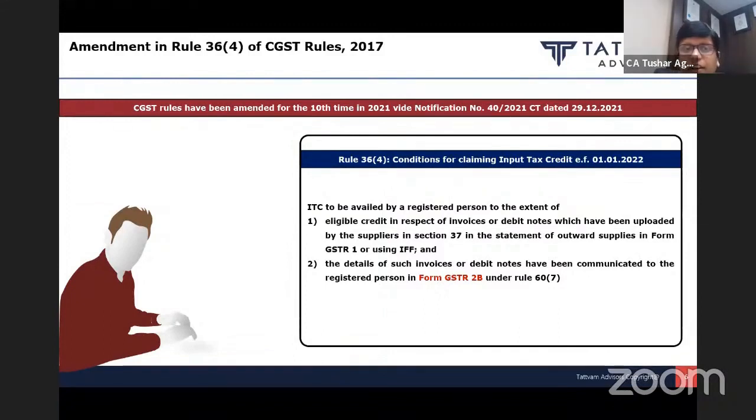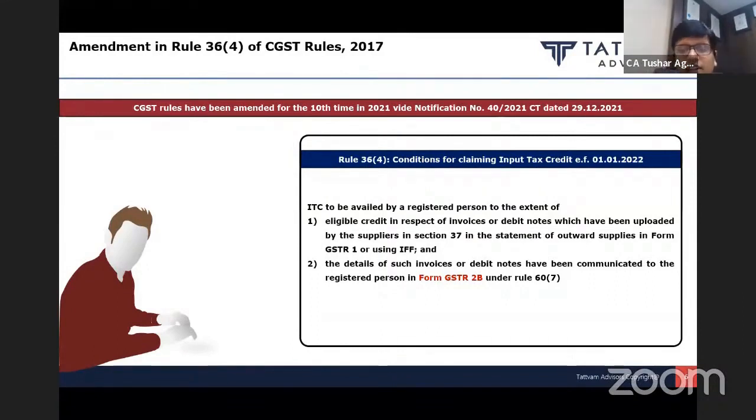Second is a very main condition. Please read it carefully: the details of such invoices or debit notes have been communicated to the registered person in form GSTR-2B. Rule 36(4) now says the supplier should upload in GSTR-1 or the IFF facility, and the same should be communicated to the recipient in form GSTR-2B.